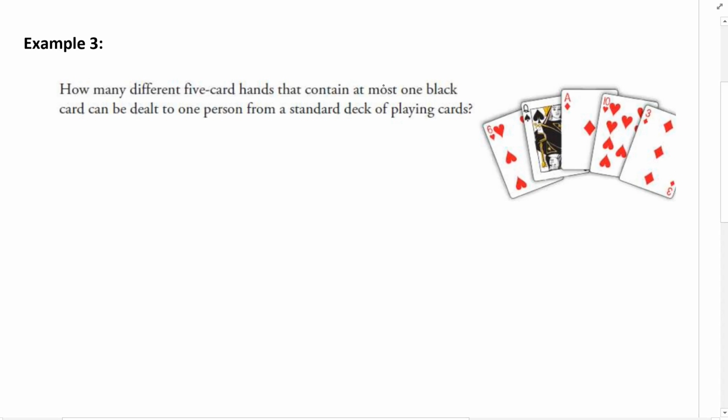Key information here: at most. And when I see at most, that means I have to deal with cases. So at most one black card means that we can either have one black card or no black cards. And we're going to have to deal with both of those cases.